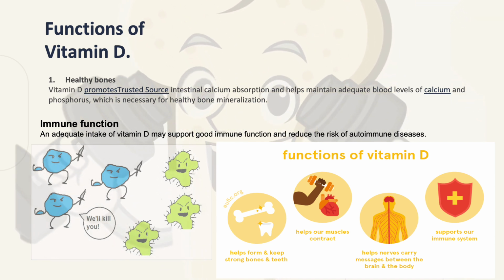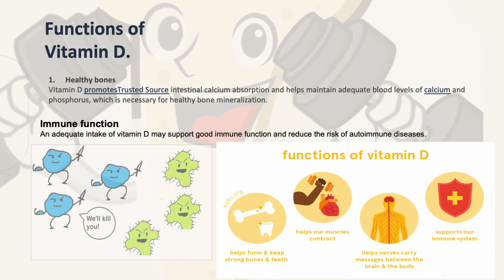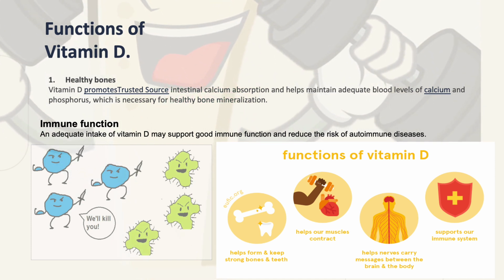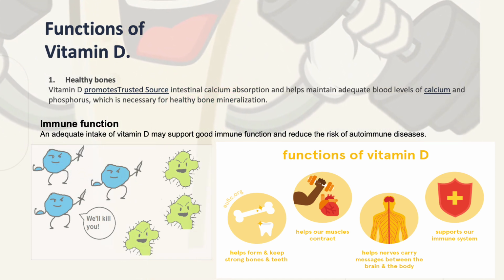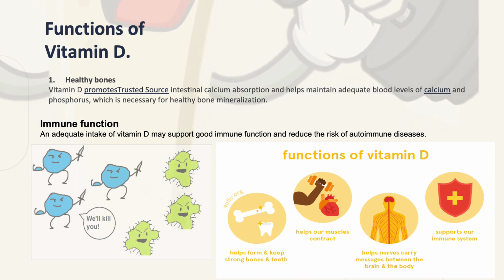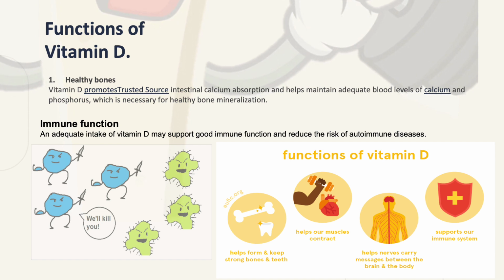Now the functions of vitamin D are, number one and the most important, healthy bones. Vitamin D keeps our bones healthy by absorption of calcium from the intestine and keeping adequate blood levels of calcium and phosphorus, which are necessary for our healthy bone and bone mineralization.